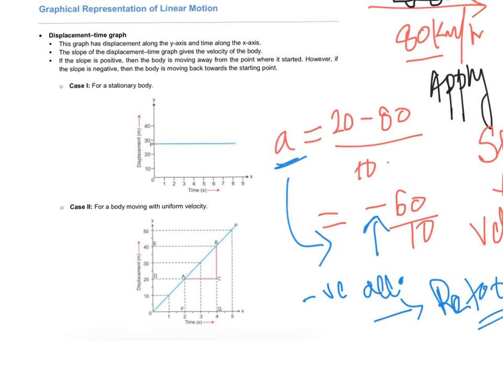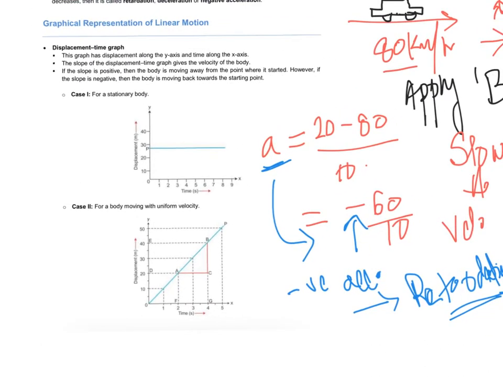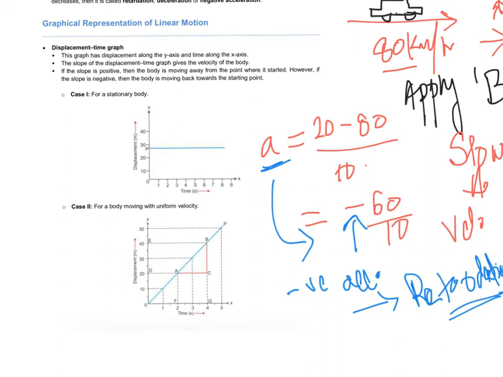Okay. Now it's very important you understand this very carefully. I think this will be the crux of your entire chapter: these graphs. We have extensively discussed these graphs before, but now this is a revision class, so I would discuss them again. Right. This is a displacement-time graph.